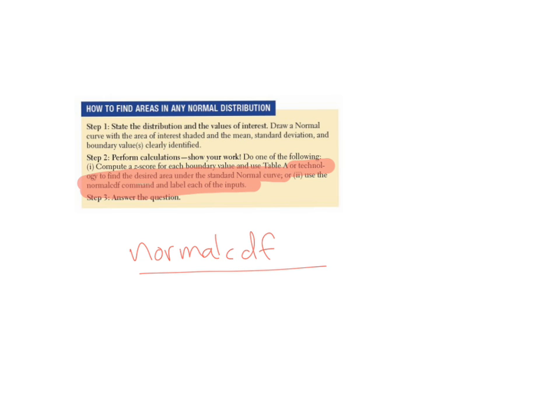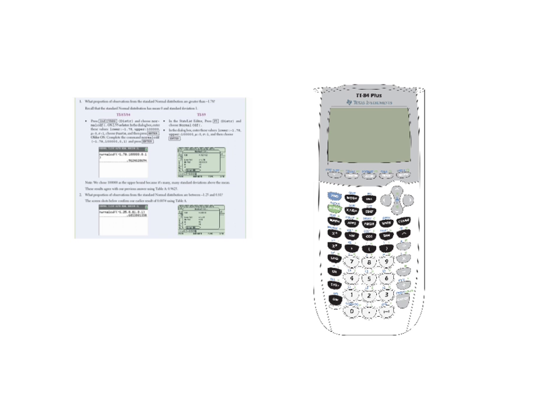Let's actually look at how to get to normalCDF. I've given you this tool to walk through, but I'm also going to show you which calculator buttons to use. The first thing you're going to press is 2nd, and then VARS.